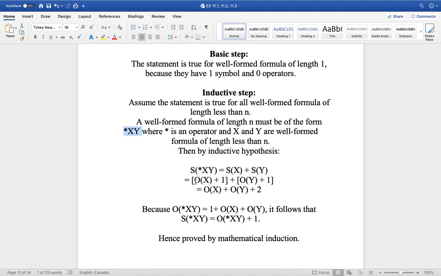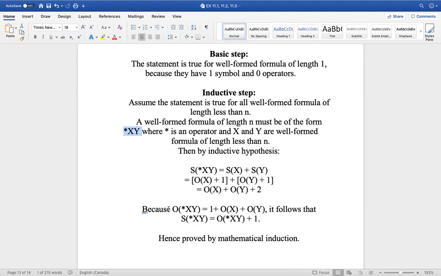Now we have O(x) plus 1 plus O(y) plus 1, which is O(x) plus O(y) plus 2.